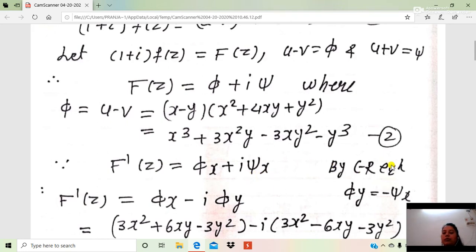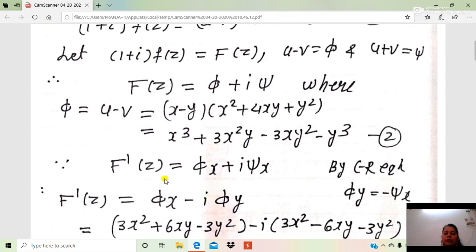Therefore we have to use the CR equation, that phi y is equal to minus psi x. So in place of psi x we can replace it by minus phi y. Phi x means del phi by del x, and phi y means del phi by del y. Since we have the value of phi, we differentiate it partially with respect to x to get phi x, and with respect to y to get phi y.